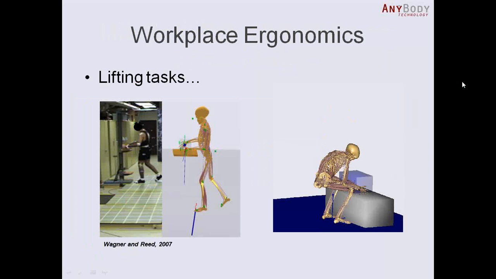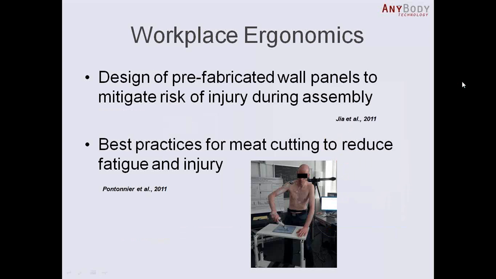Some other ergonomics applications include the all-too-common lifting tasks as exemplified by this study from Wagner and Reed. And there's another study that was published by Gia and colleagues in the construction field where they sought to influence optimal design of prefabricated wall panels in order to reduce the risk of folks who are assembling those walls and having to lift those panels.